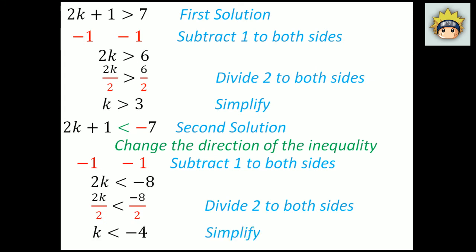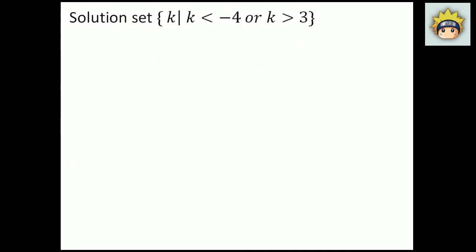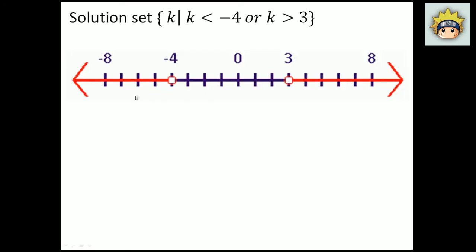You get k on the left hand side, negative 8 divided by 2 is negative 4. So your solution set is k is less than negative 4 or k is greater than 3. It's open on 3 because it has to be greater than 3, and it goes to the right. K is less than negative 4, so it's open here on negative 4 and it goes all the way to the left.